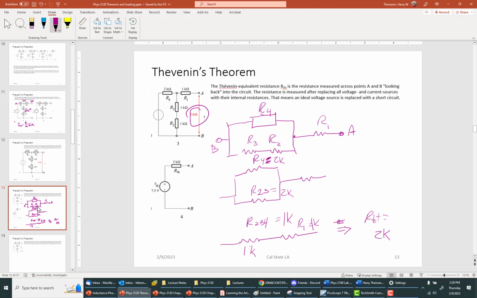And there it is. So we end up with the voltage source, which is the open circuit 7.5 volts, ideal voltage source, in series with a 2K Thevenin resistor.